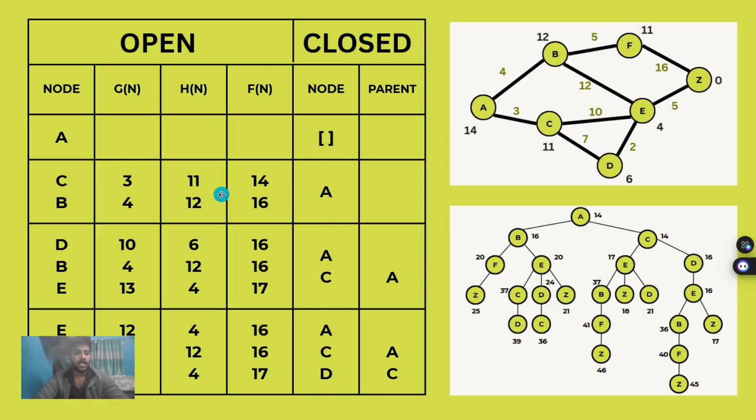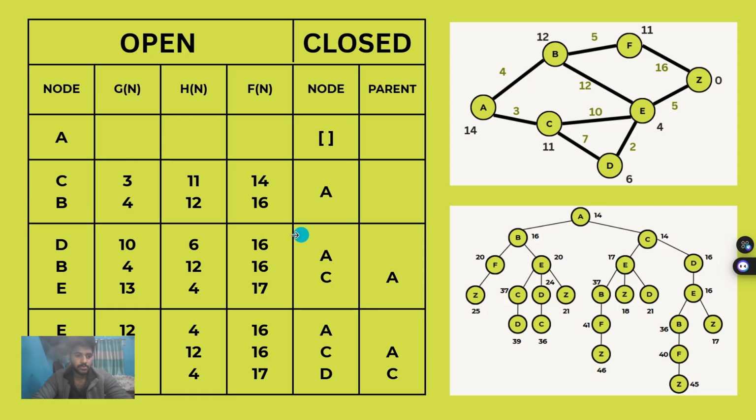Now as I have already said, we are going to take the least f(n) value, so we are going to explore C here. In C we have two child nodes, which are E and D. So now we'll be having B, E, D. From these three nodes, we are going to arrange them in ascending order.